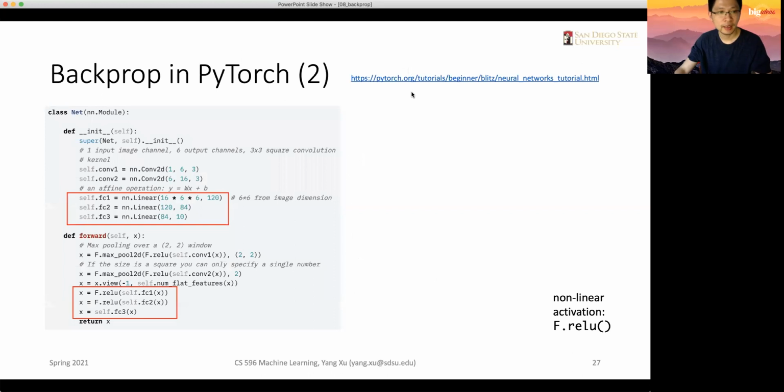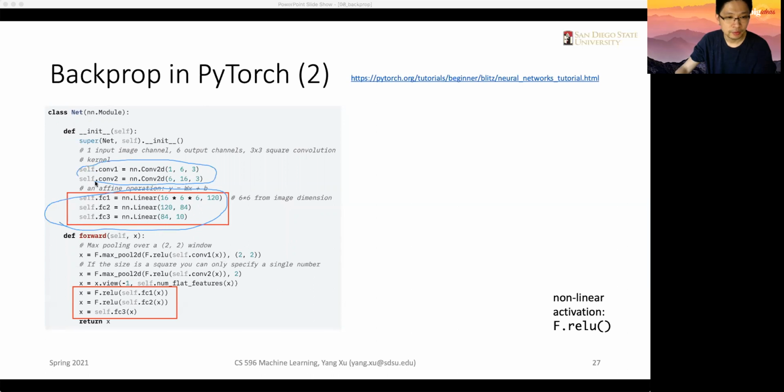So I have some examples in PyTorch, backprop in PyTorch. This example is copied from the official website of PyTorch. Okay, so in this example, it's not just regular networks involved, but also some convolutional layers.